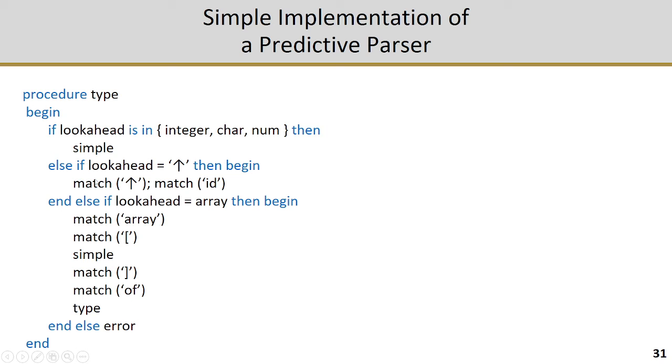And if none of the three options work, then we raise an error message because we only have these three derivation rules from the non-terminal type.